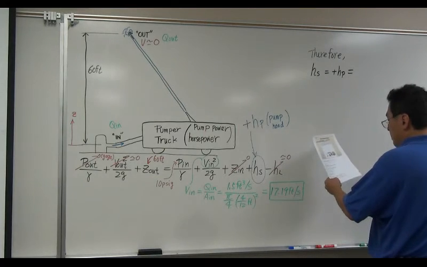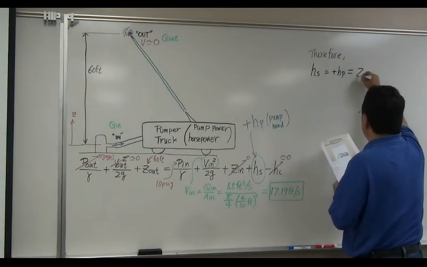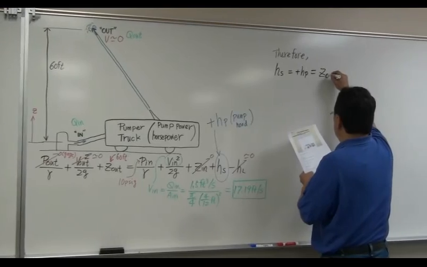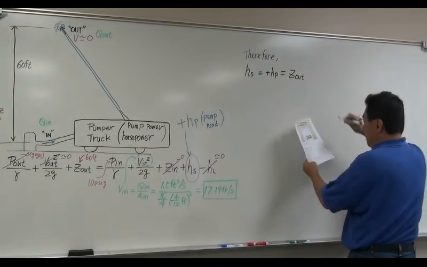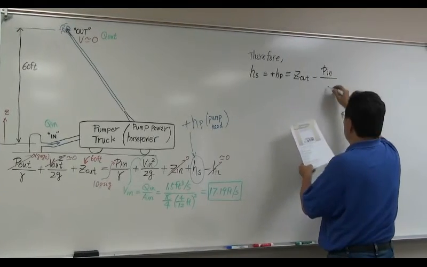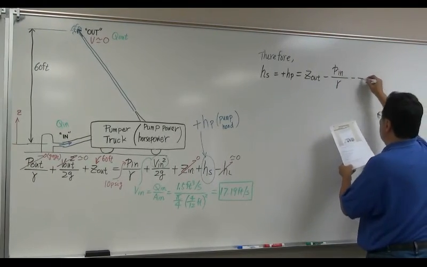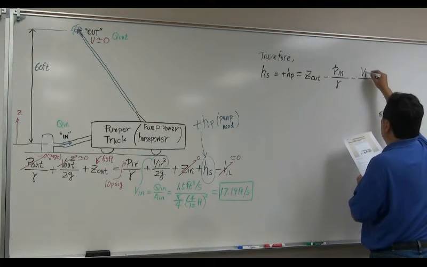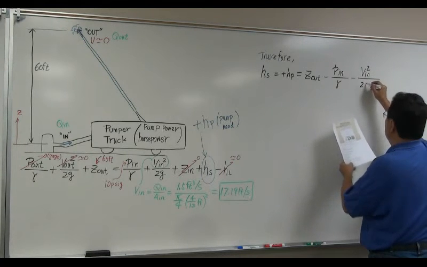So HS, which is HP, is Z out, which is 60 feet, minus P in over gamma, minus V in squared over 2g.